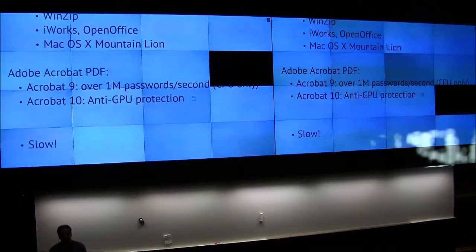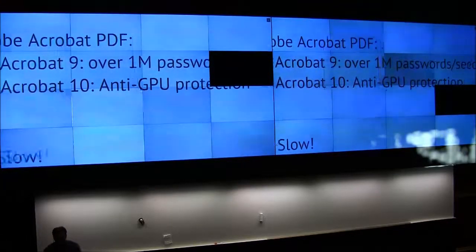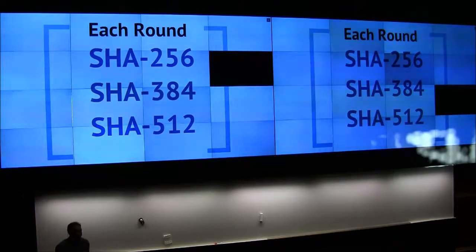And this was changed in version 10. Adobe actually added anti-GPU protection there. This is the first time I see this kind of protection in a very widely used application.